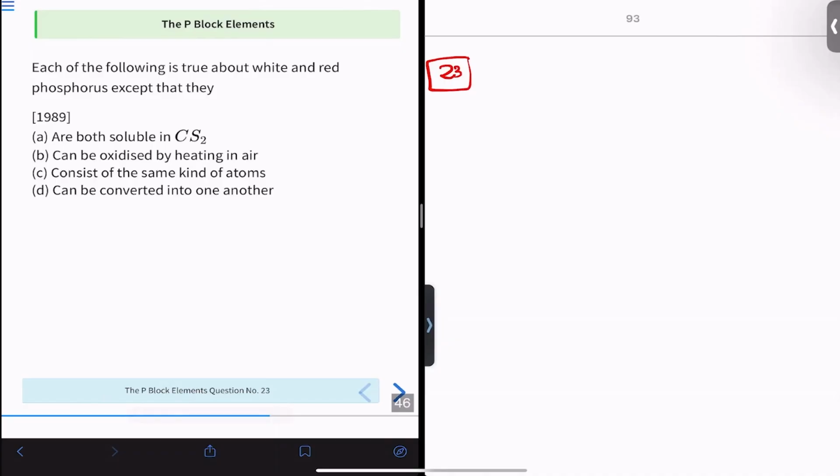I'll draw the diagram for white and red phosphorus. White phosphorus has a tetrahedral shape. This is how a tetrahedral shape looks. This is our white phosphorus, P4.